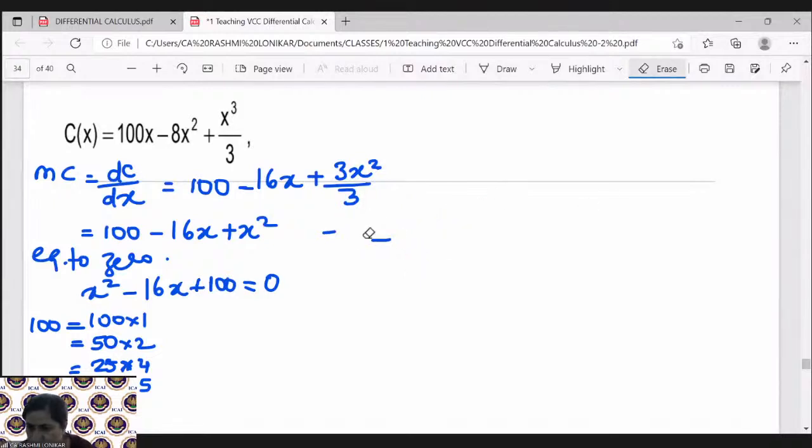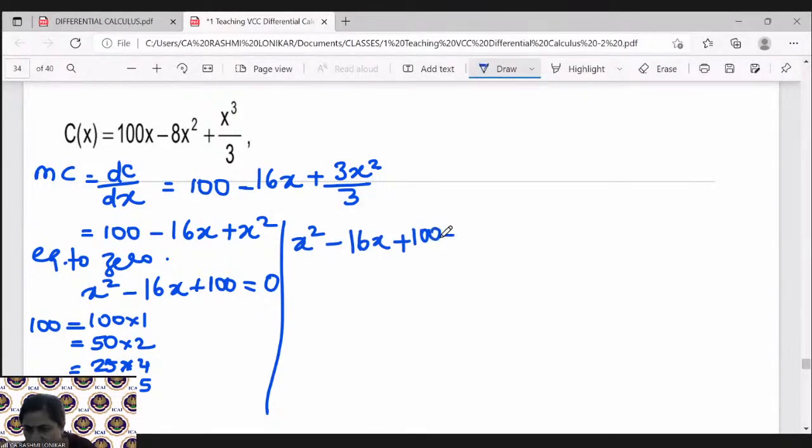Let me find this, because there are no direct roots here. I have a normal quadratic equation, x square minus 16x plus 100 is equal to 0, right? So what do I get?